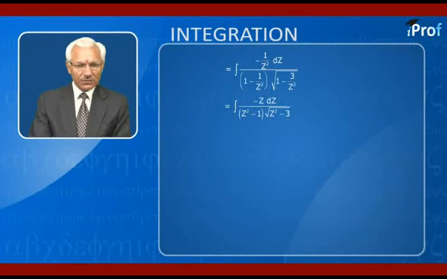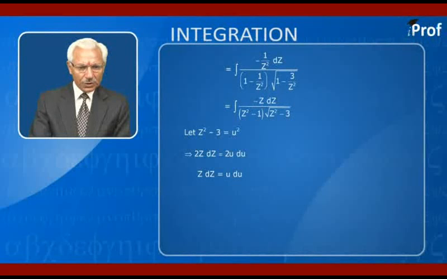Let z square minus 3 now be written as u square. Therefore 2z dz becomes 2u du, or z dz is u du. Therefore it becomes equal to minus u du upon (u square plus 3 minus 1) into u. U and u cancel.